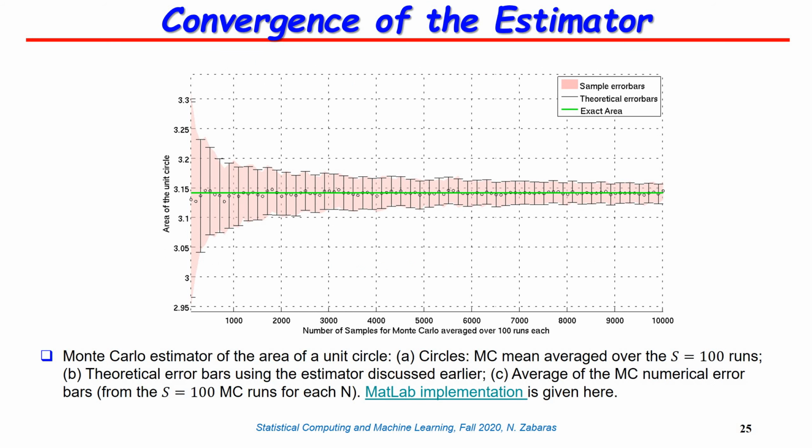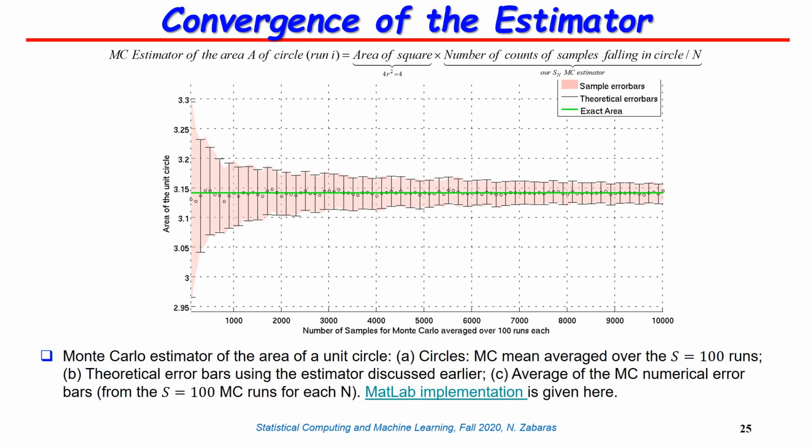This is a duplication of a schematic from the Bayesian Core textbook for exactly the same example. This schematic provides an estimation of the area of the circle, and the area of the circle is nothing else but the empirical count that we had before, that you will hit the circle, multiplied by the area of the square, which in our case is 4.